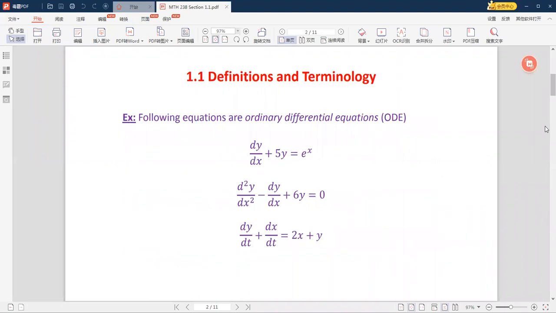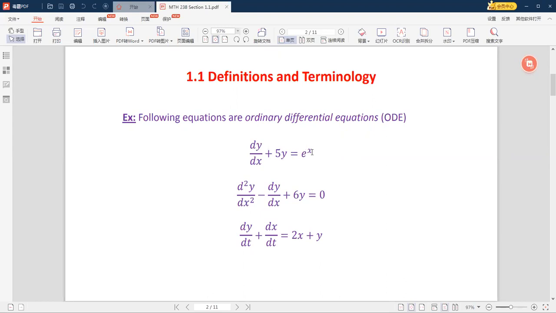So these are some examples of ordinary differential equations, or ODEs. There are 3 equations here. Each of them involves the derivatives of some dependent variable. In the first equation, for example, we have dy over dx plus 5y equal to e to the x.